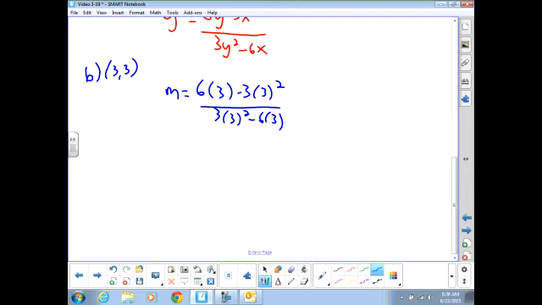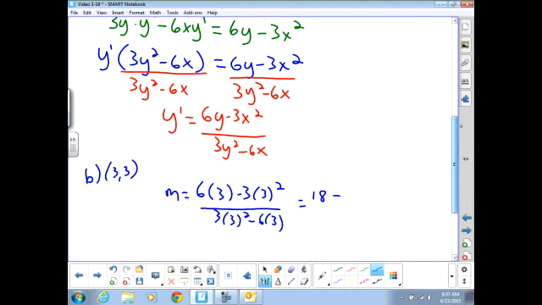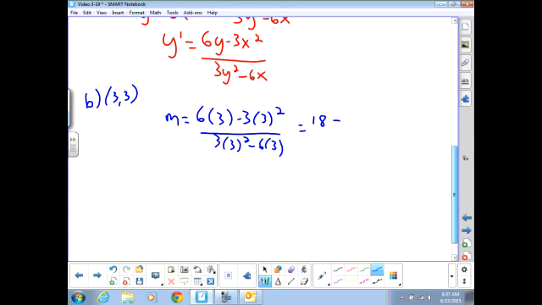So in the numerator, we'll have 18. We'll have 3 squared is 9 times negative 3, which will give us negative 27. On the bottom, we'll have 3 squared is 9 times 3 is 27 minus 18.